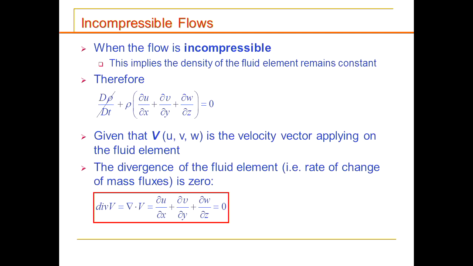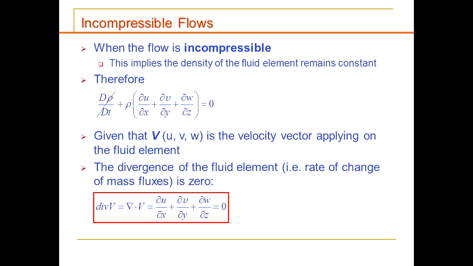So the divergence of the fluid element, for example, the rate of change of all the mass flux, is equal to 0 when your flow is incompressible. I repeat, when your flow is incompressible, your density is constant, and then the divergence of your fluid, meaning du/dx, dv/dy, and dw/dz partial, is equal to 0.